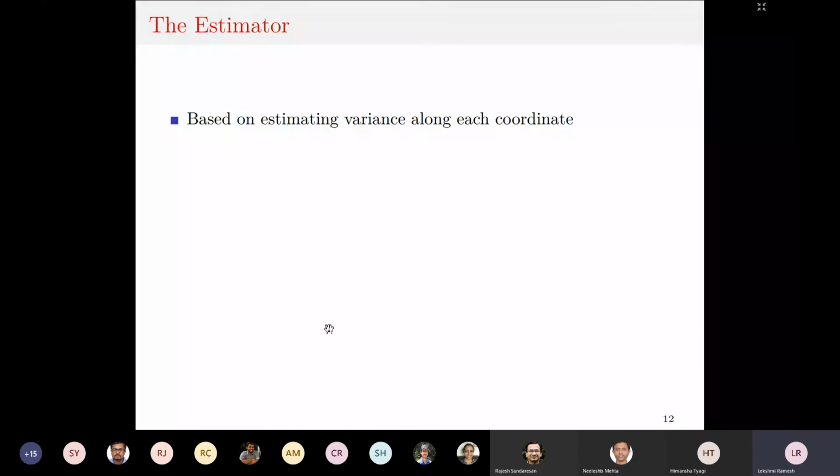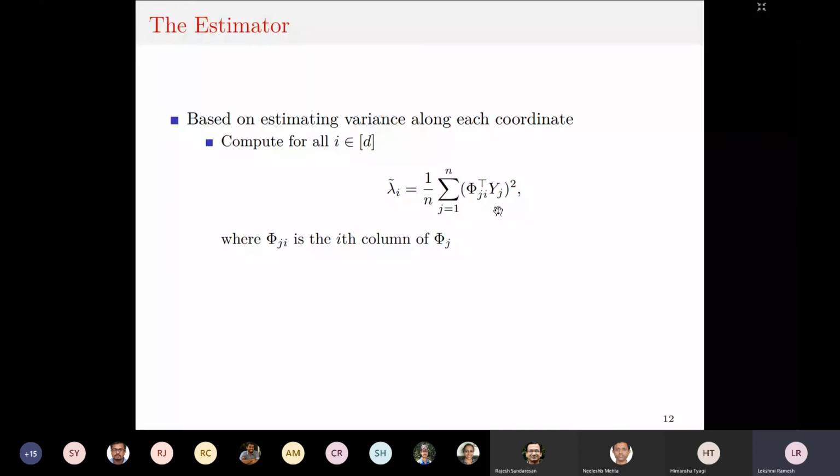And so how do we estimate the variance? It's a very simple estimate. It does some kind of an inversion operation on the measurements using this matrix P transpose, and then performs an averaging across all samples to get the variance estimate along the ith coordinate.